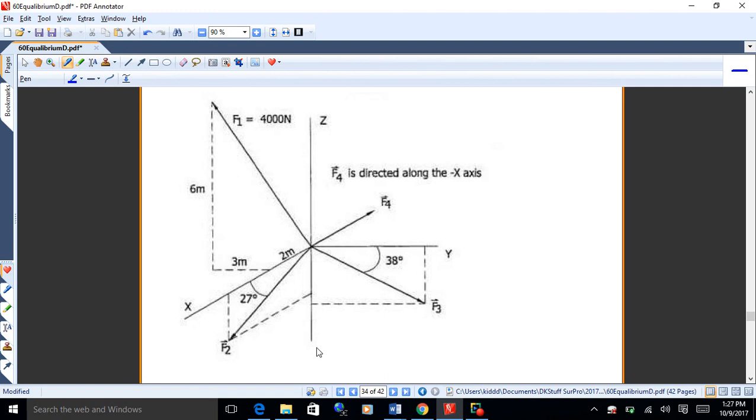Take the difference of the endpoints to get the vector, square root of the sum of the squares to get the length of the vector, and then divide it out to get the unit vector. And scale it up by the magnitude. That's the drill on that.